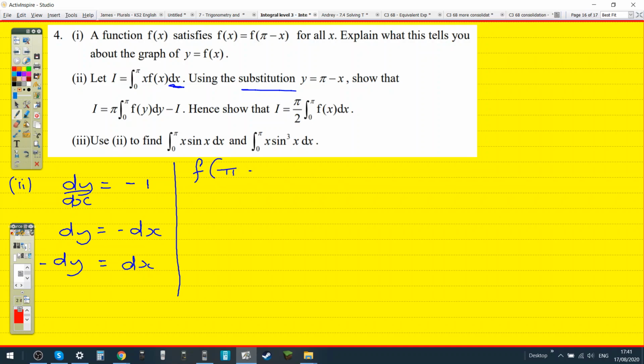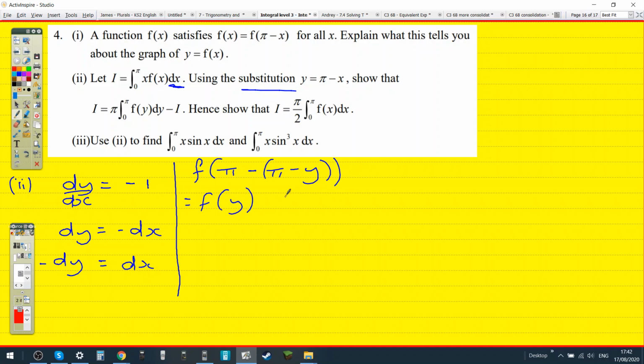So f of pi minus, instead of x, you do pi minus y. Yes. So that is f of y.